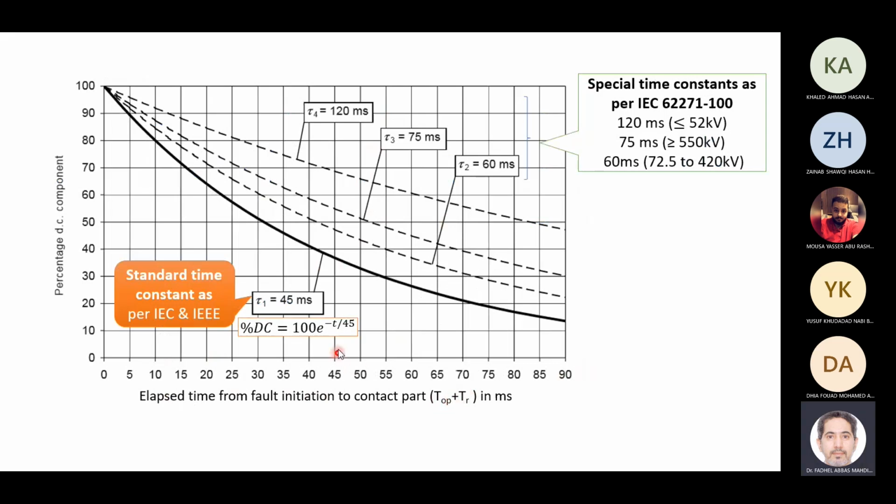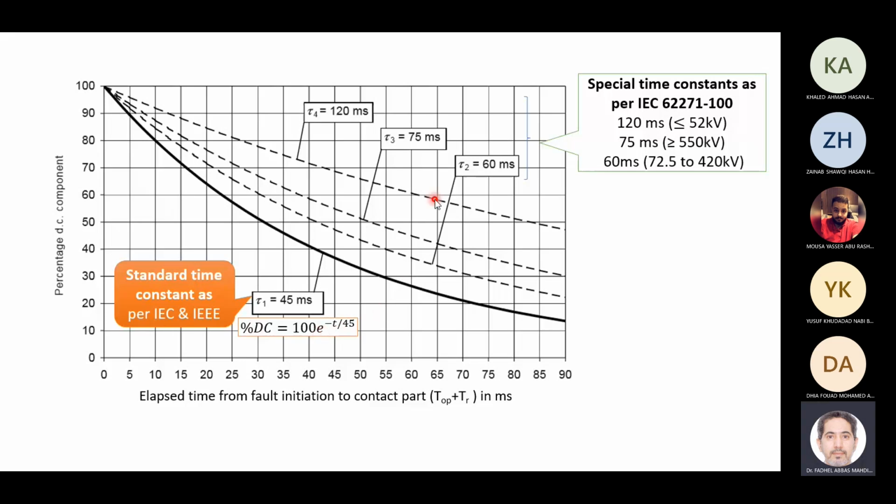So at 45 milliseconds, the DC will decay to, let's say, 35% of its value. So this is like the decaying DC. How do you evaluate it in terms of percentage?